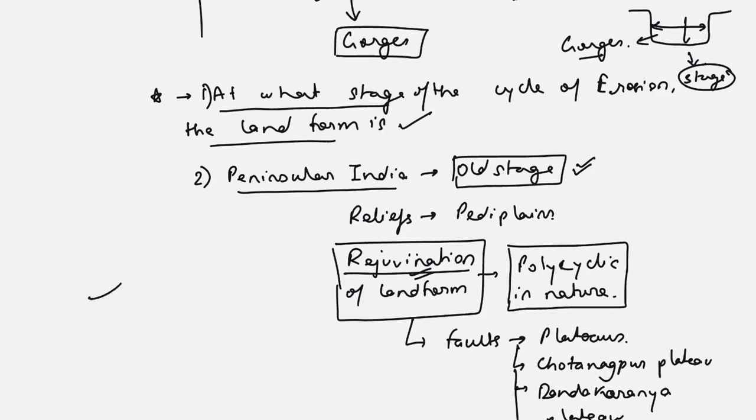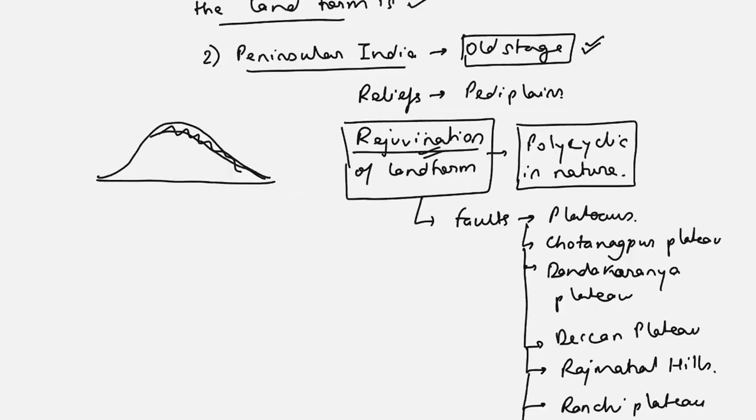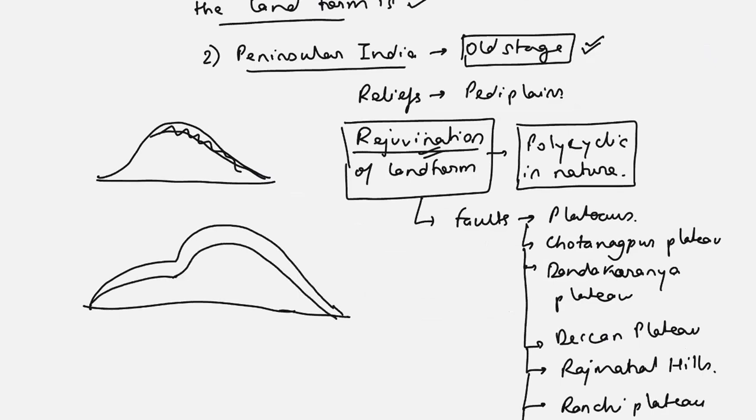This has already been eroded. So after one stage, the landform is uplifted again. So here the cycle of erosion will start again. This kind of landform is called polycyclic, and in nature it is called a rejuvenated landform.